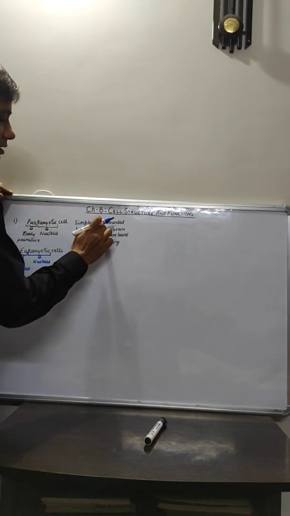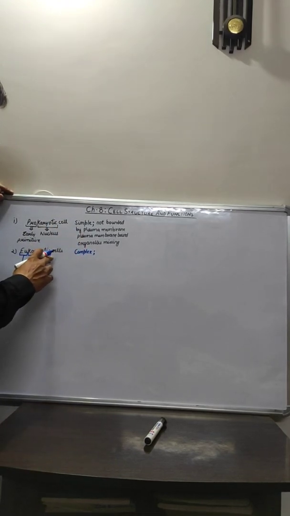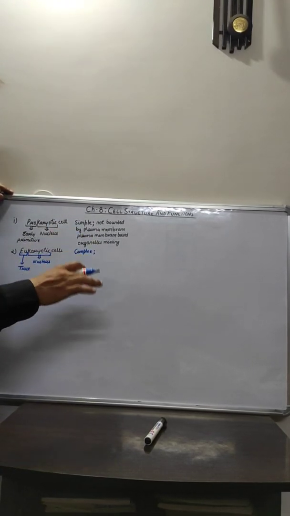Here the cell was not bounded by the plasma membrane, but in eukaryotic cells plasma membrane is present.